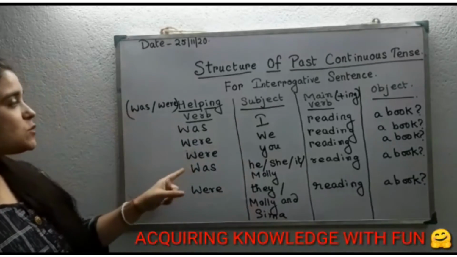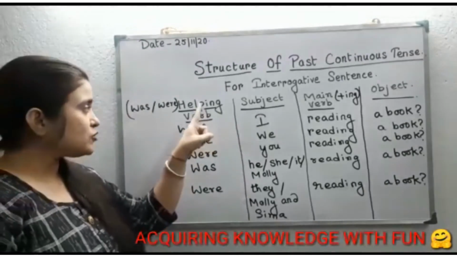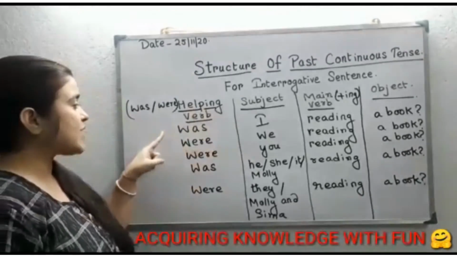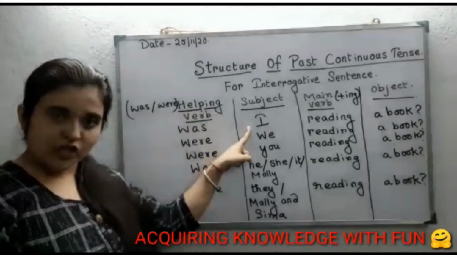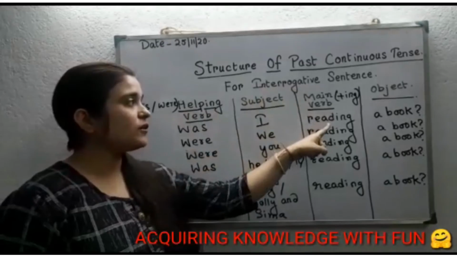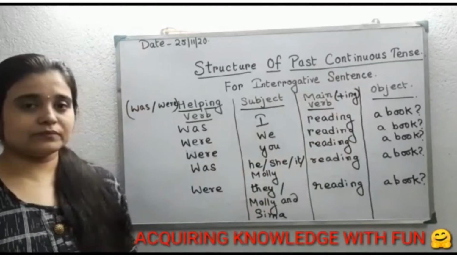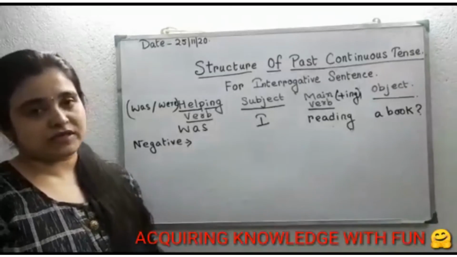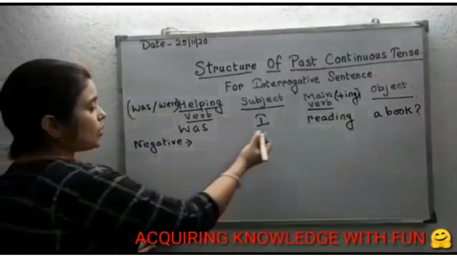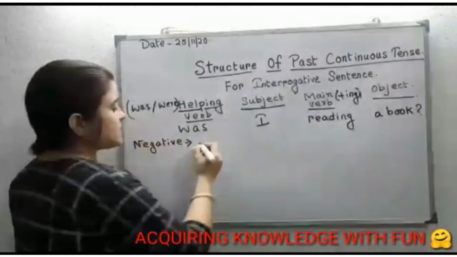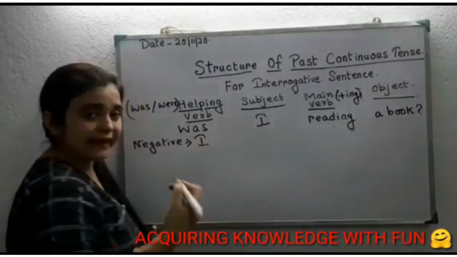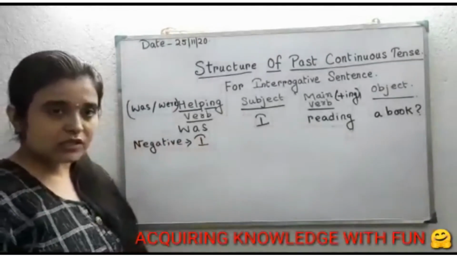Now, like this way, we have to put first helping verb, then subject, then main verb with ing and object in past continuous tense. So, we have to take at first subject I. Negative sentence means we have to use not, right?